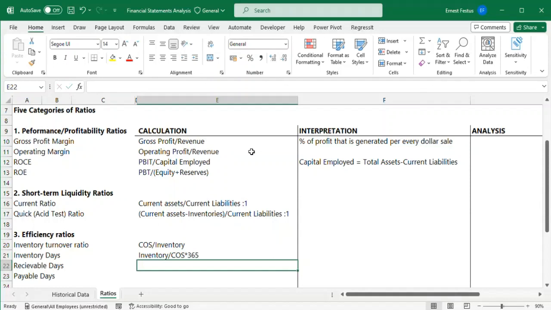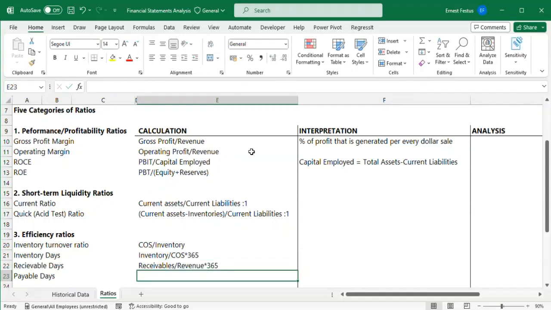Now the same applies to our receivable days. So receivables divided by, this one we are talking about revenue, multiplied by 365 days.